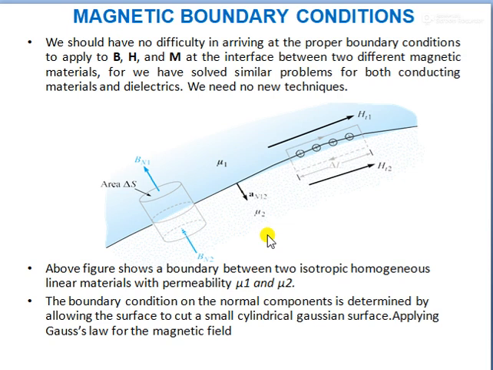Let the area of the top and bottom be the same and equal to delta S. Now we get the equation: the integral over the top of B dot ds plus the integral over the bottom of B dot ds plus the integral over the lateral sides of B dot ds is equal to 0.